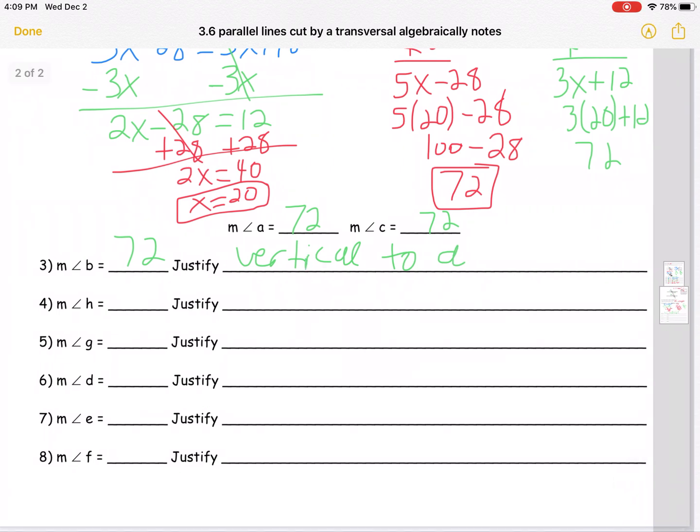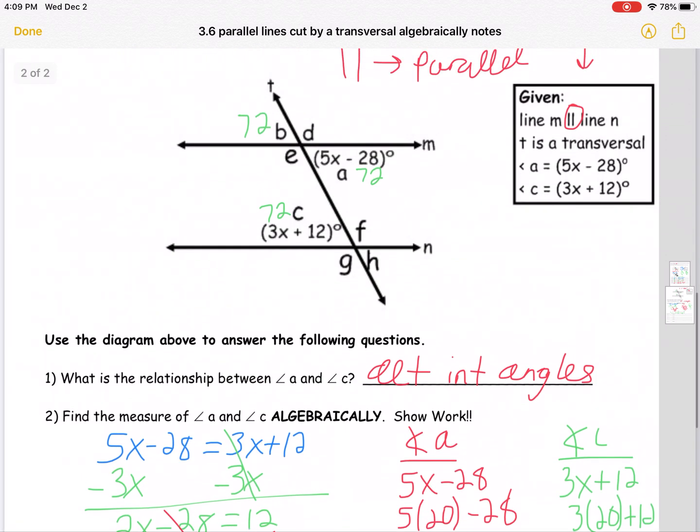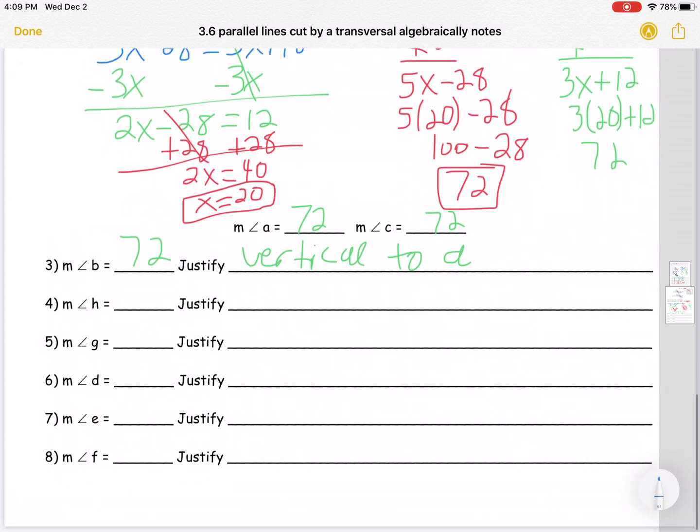Now angle H. Angle H, guess what? That's also going to be 72. The reason is because it's alternate exterior to angle B. So H is going to be 72 because it's alternate exterior to angle B.